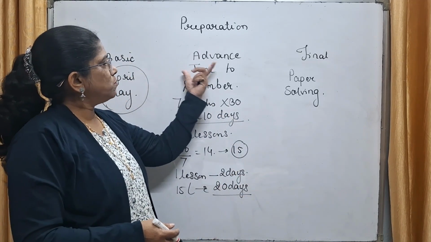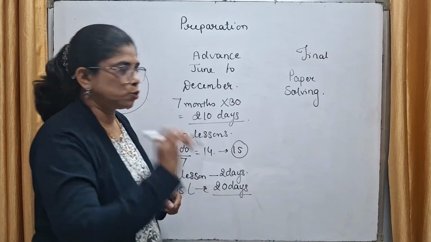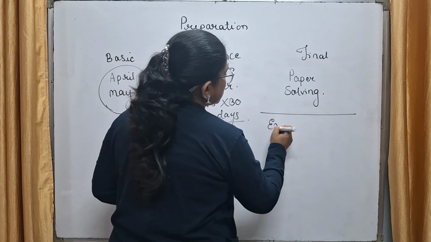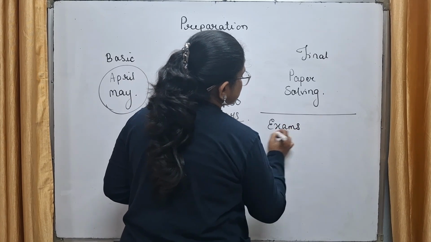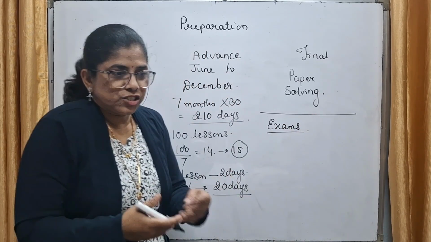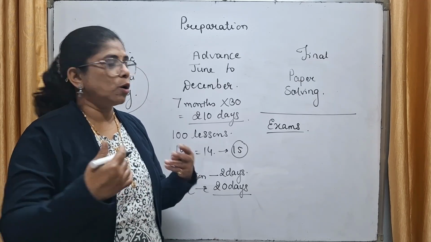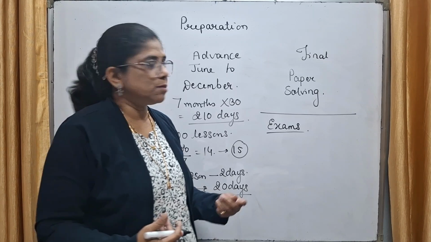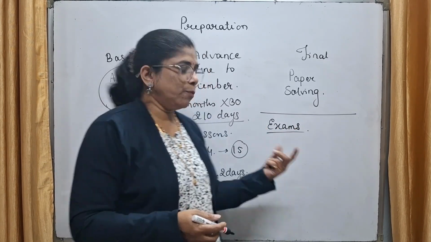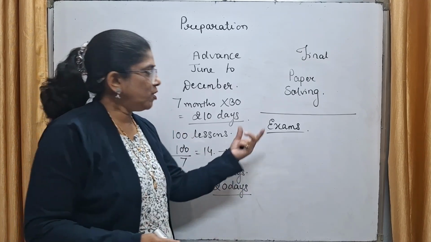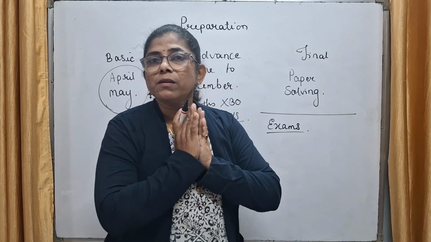See, from June to December, you are going to face a few exams. The schools conduct exams in between, FA1, FA2 or semester. Some exams come in between. So at that time, we cannot go according to this planned timetable. At that time we have to focus only on our exam.